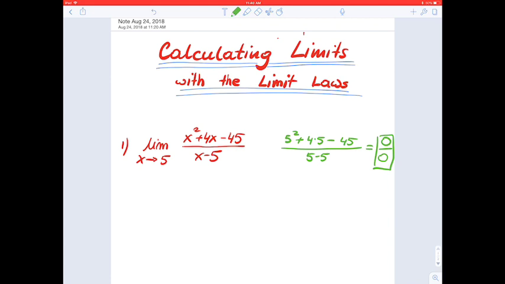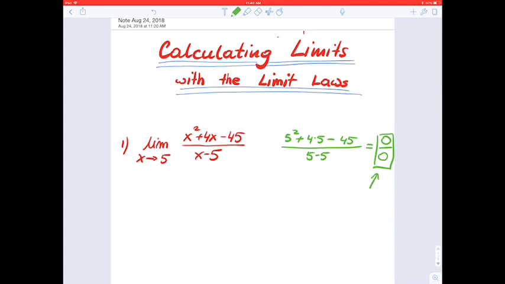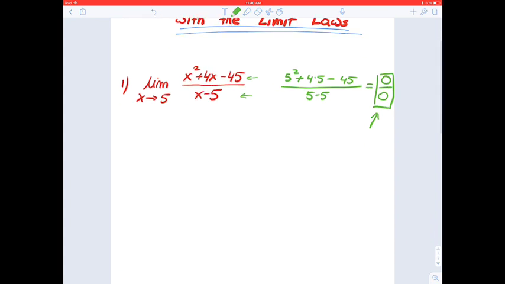The message I'm getting from this expression is that the polynomial on the top and the polynomial in the denominator have a common factor, at x is 5. That means I will try to rewrite this function, find the common factor, cancel it out, and then I can see what happens.